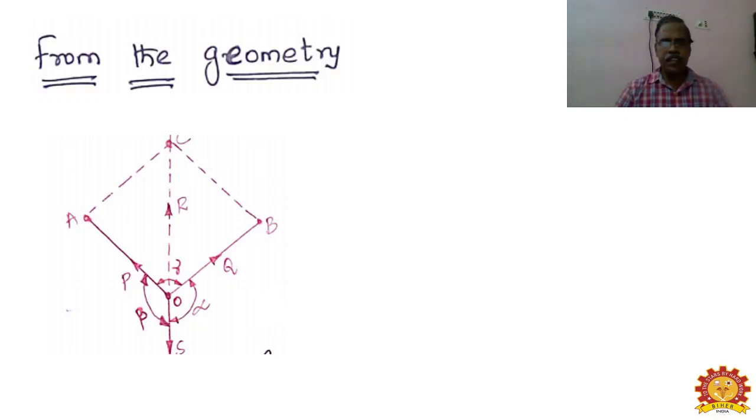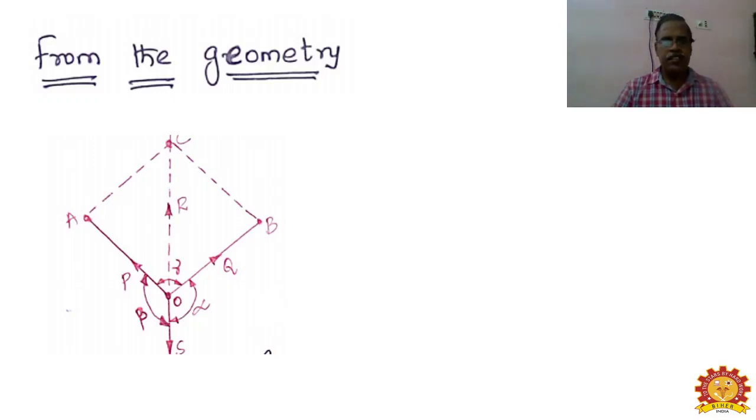The intersecting point of these two lines, AC and BC, will be point C, which joins to point O. Taking this into mind, let us see how to slowly derive this formula.